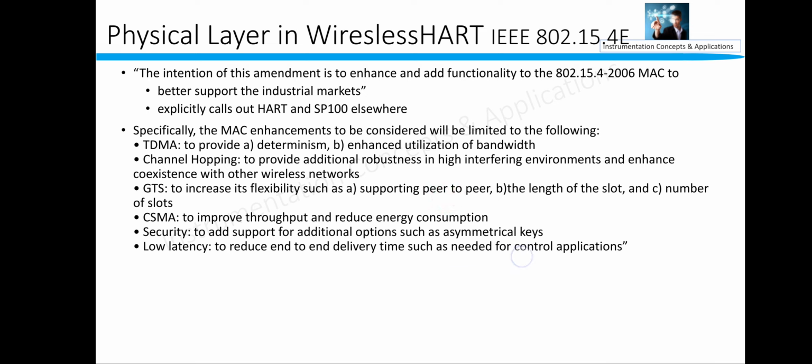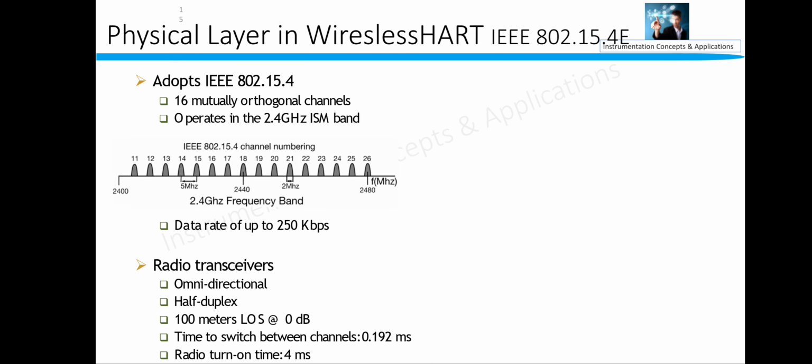Specifically, earlier physical layers lack features like TDMA, channel hopping, GTS, CSMA, security, and low latency, which are not that accurate or reliable in other protocols. So that's why IEEE 802.15.4e is introduced in WirelessHART.